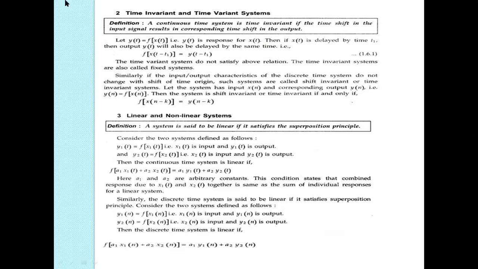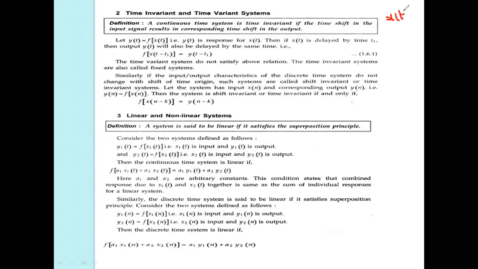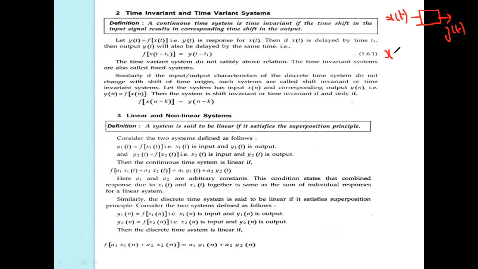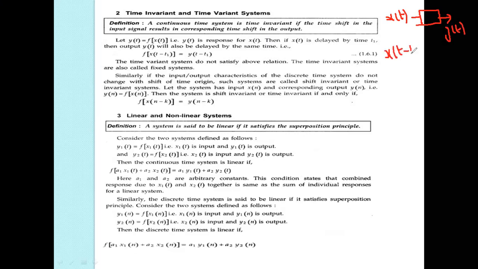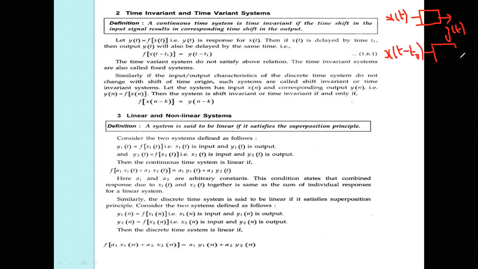Suppose I take x of t, the continuous input signal. It passes through the system and gets the response y of t. If the input is delayed by t naught, it passes through the system to get the response y of t minus t naught.